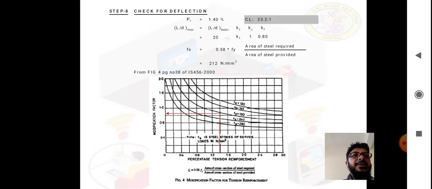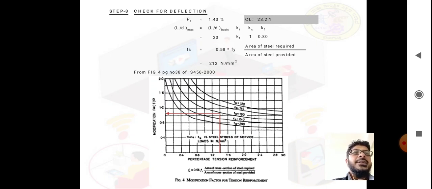for deflection. As per clause 23.2.1, we have calculated already percentage of steel as 1.4%. Now we will check L by D max is equal to L by D basic into KT, KC, KF.